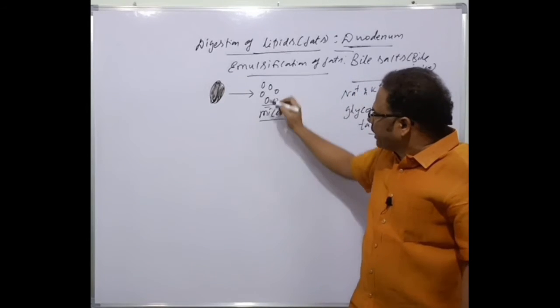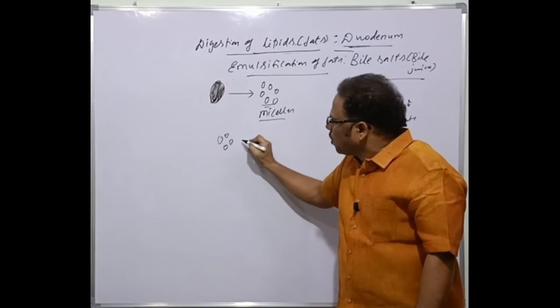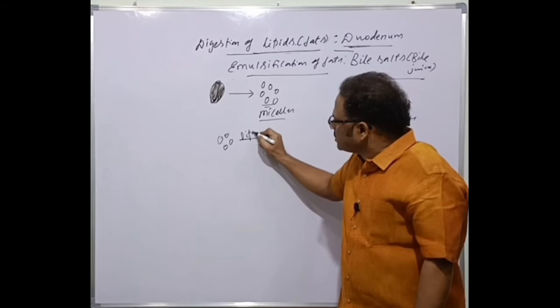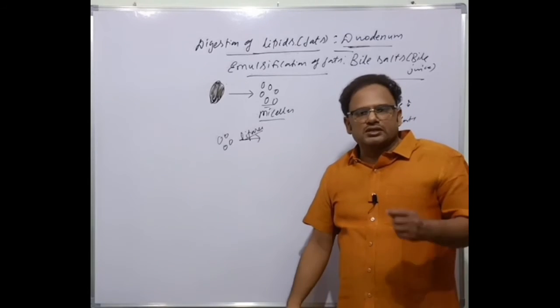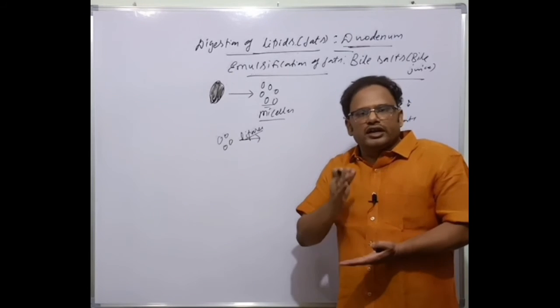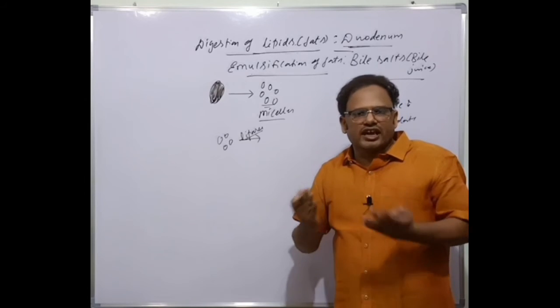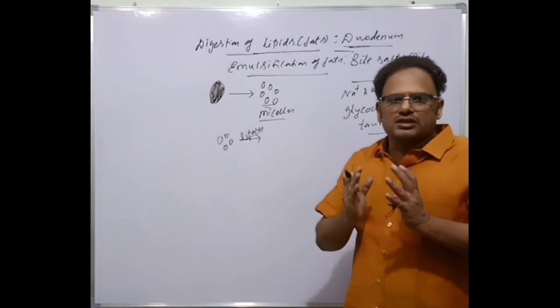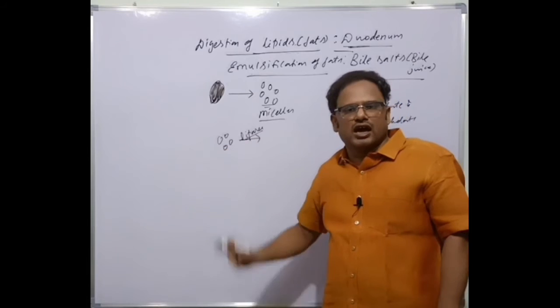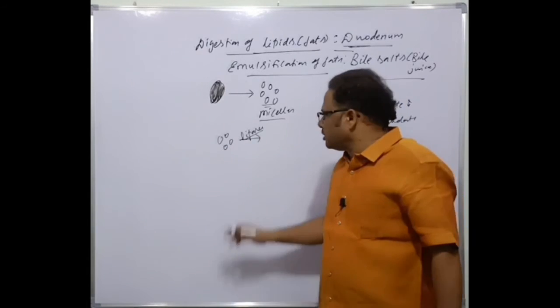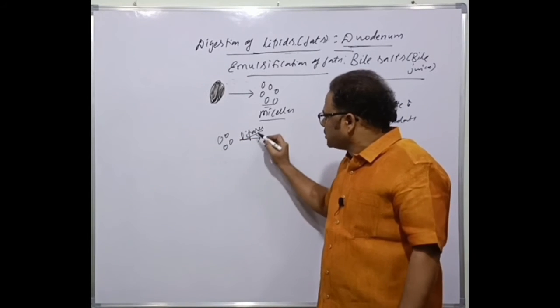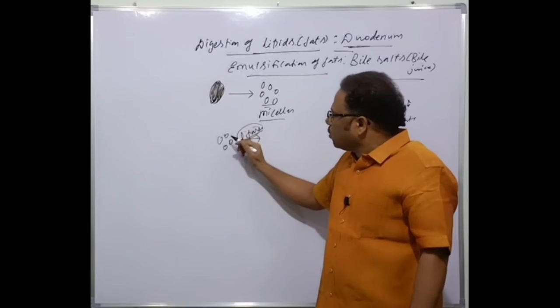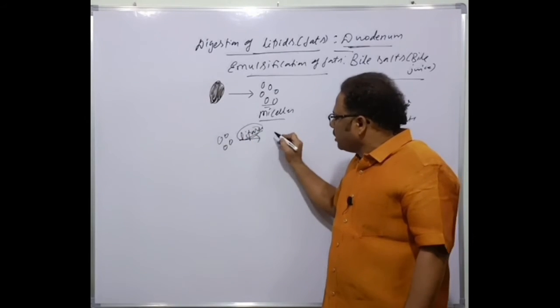Once these are there, they are acted upon by lipase enzymes. What are lipases? The lipid digesting enzymes are called lipases. They are the lipolytic enzymes. They break the bonds between the fat molecules, but only in the smaller fat molecules, the tiny pieces.